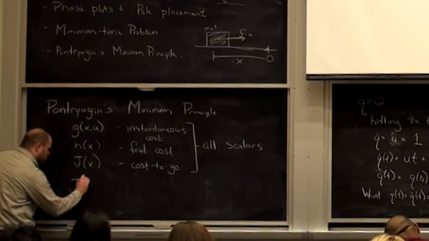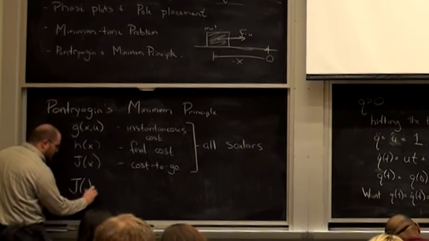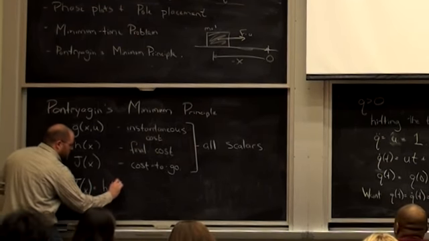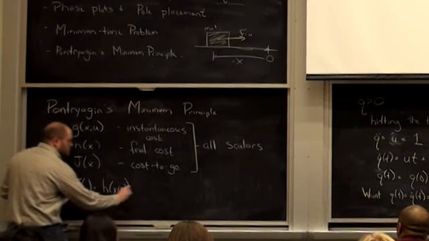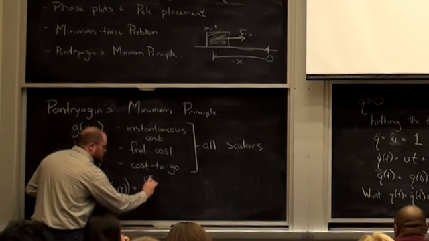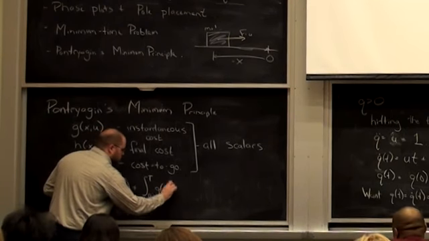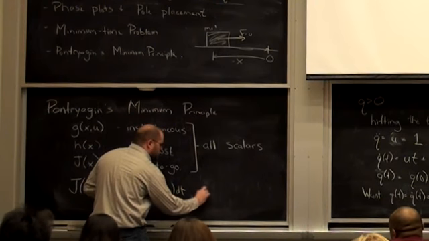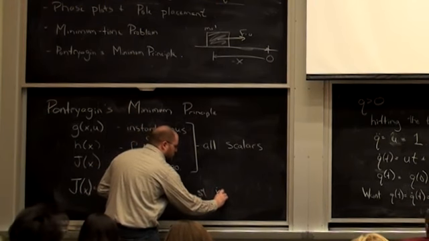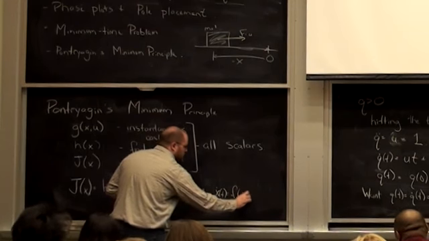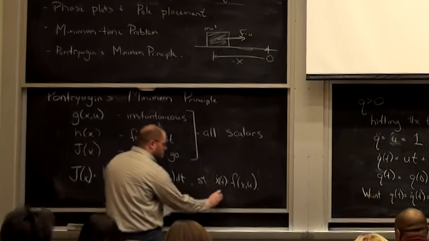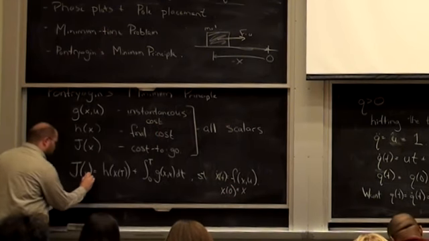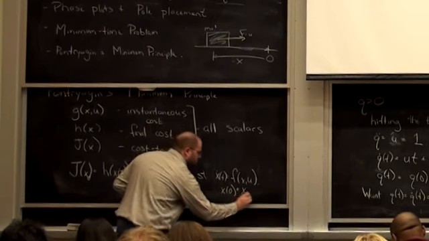So a typical optimal control problem will be formulated as something like h of x capital T plus integral from 0 to T of g of x, u dt, subject to x dot of t is f of x, u, let's say the dynamics, and x of 0 is some, let me call it x naught here.